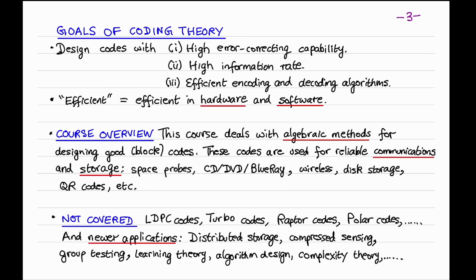What's not covered are some modern families of codes, including LDPC codes, turbo codes, Raptor codes, polar codes, and so on. We won't cover these codes because of a lack of time, and also because the mathematics behind these codes is not as elegant as the algebraic codes that we'll study in this course.